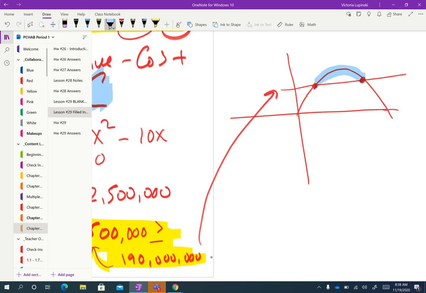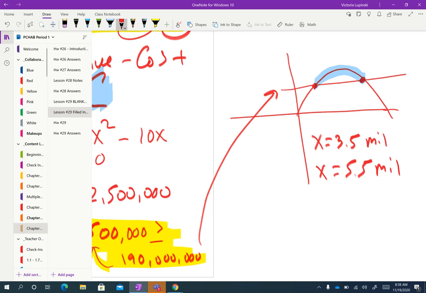We should have done this together, but you should have gotten that the first x value would have been 3.5 million, and the second x value would have been 5.5 million. And so anything between those two values is actually what we're looking for.